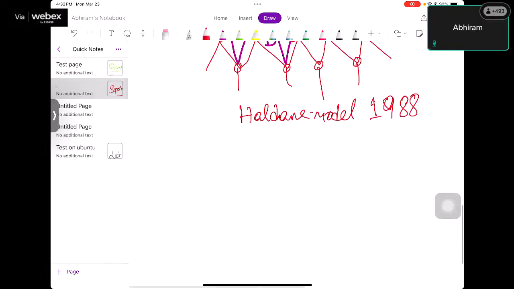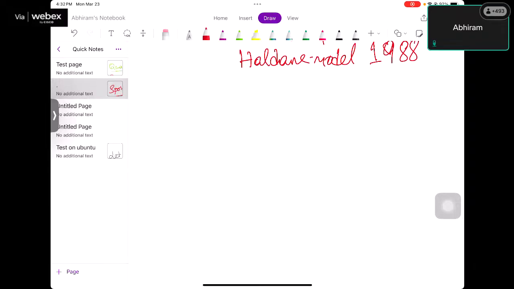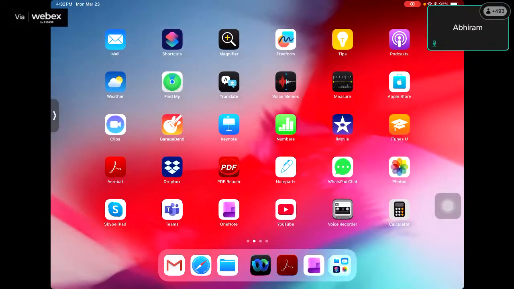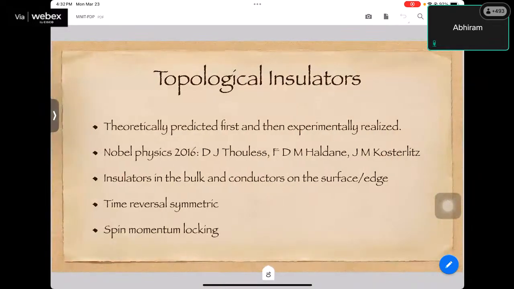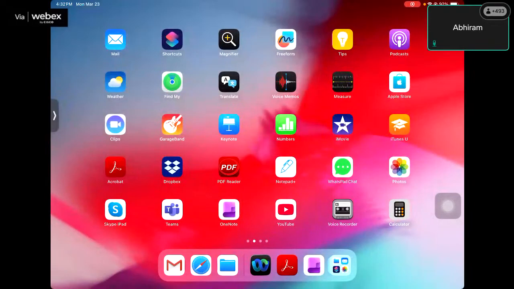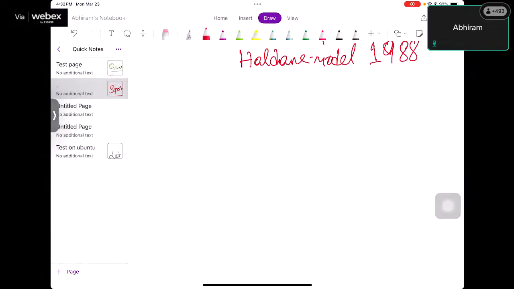After this, one had to wait for a long time, until around 2009 or so. Let me look at the slides. Around 2009 or so, there was the model by Bernevig, Hughes, and Zhang.